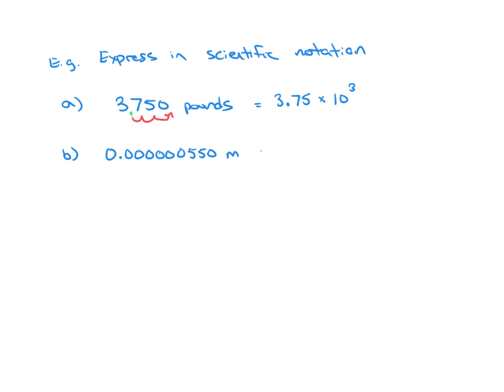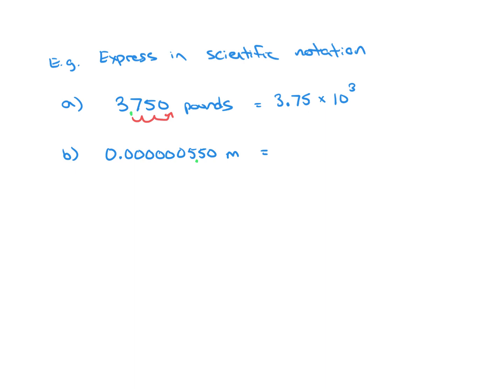So step 1, put a decimal point after the first non-zero digit. So that would be after the first 5 here, do it in green. Then count how many places and in what direction you have to slide the decimal to get the original number back.